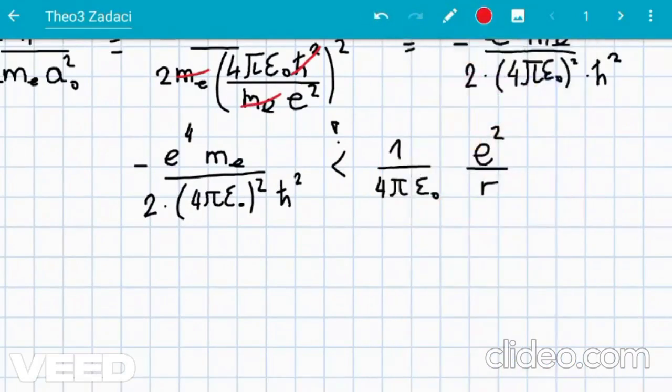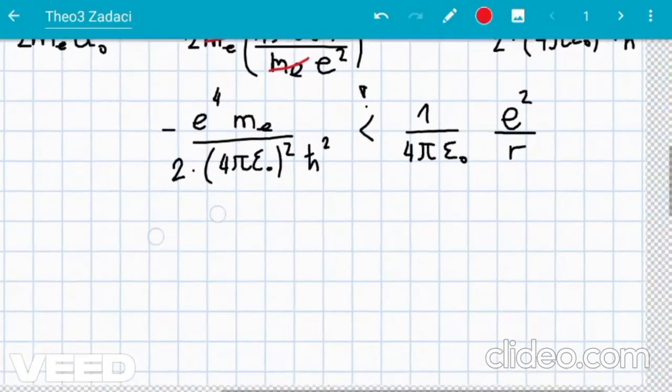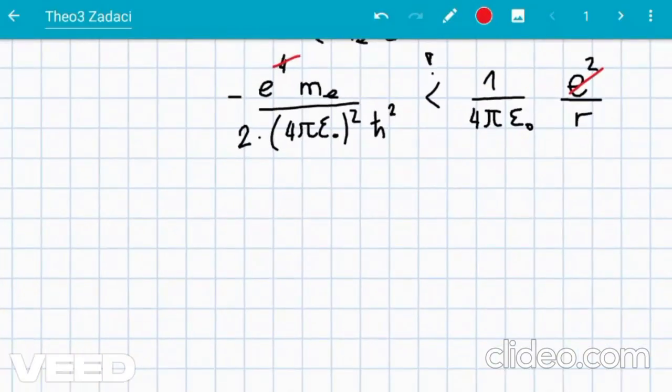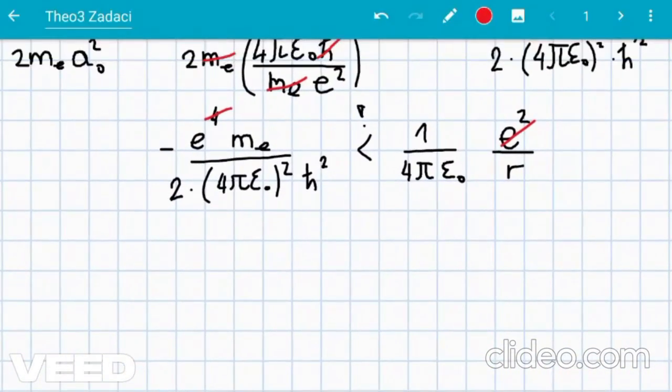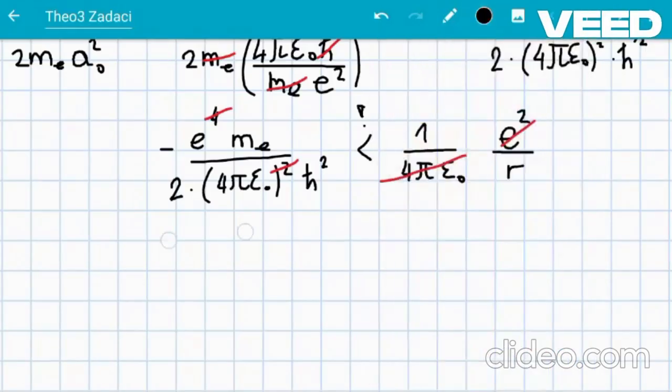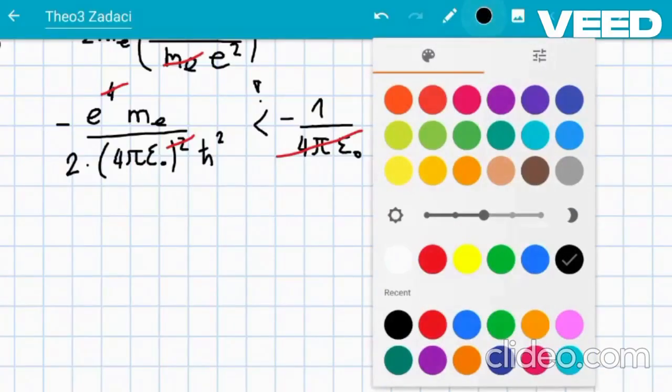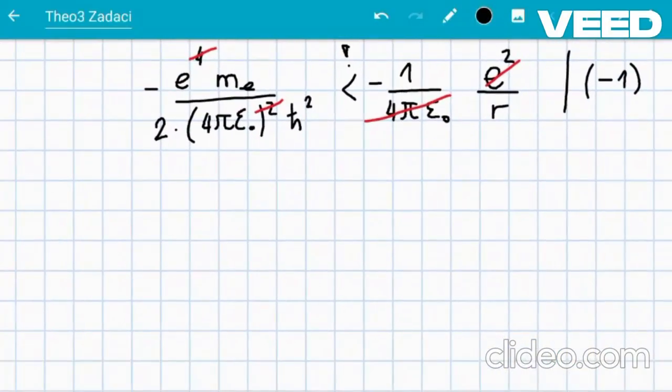We can simplify again: the e's cancel, and we can multiply by minus 1 to flip the signs because we don't want the minuses, then flip the inequality.